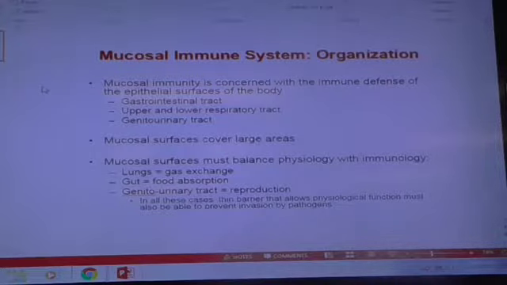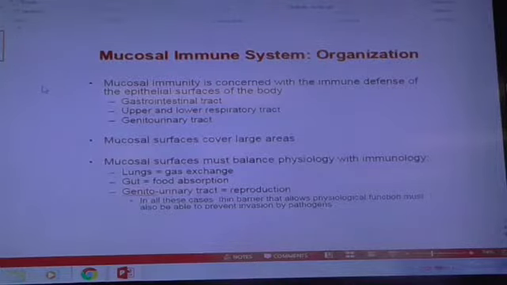Now, having known how much, what will be the quantity that confirms failure of passive transfer? The thing to remember is when it's less than 800 milligrams per deciliter, we say partial FPT.